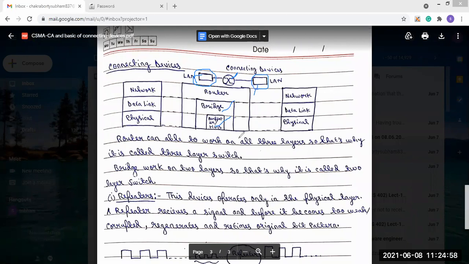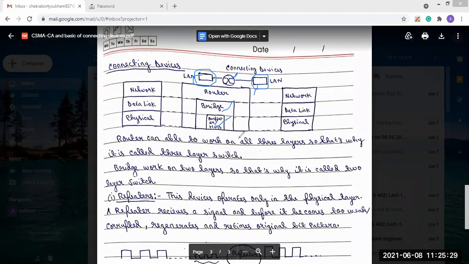Now, if any signal is transmitting from a distance to another location, the signal has the tendency to become weak, because whenever it covers a large distance, after covering some distance, the signal becomes too weak.